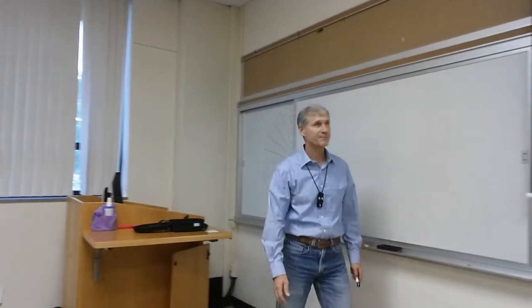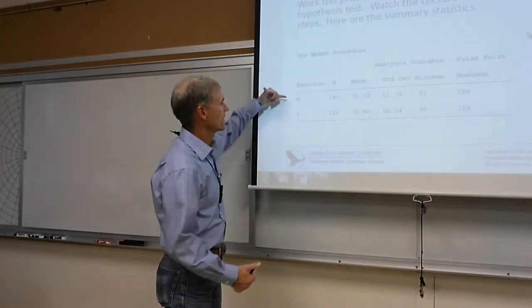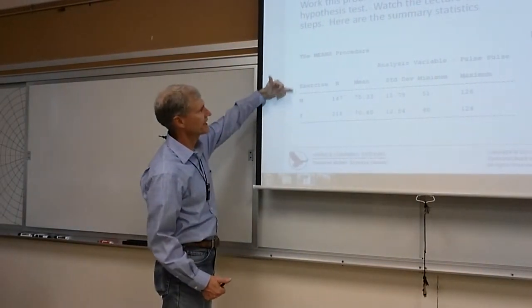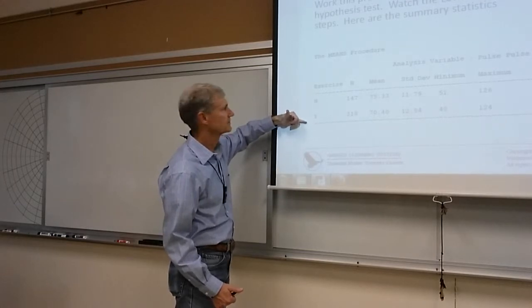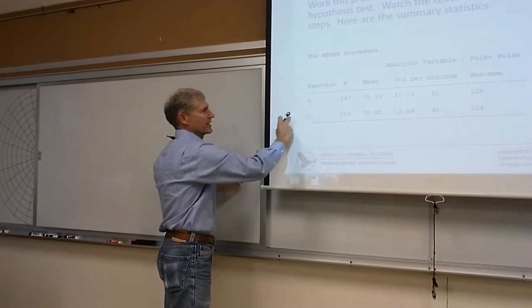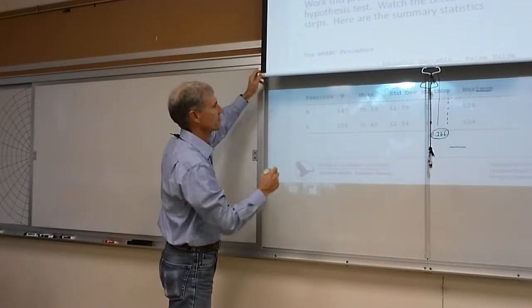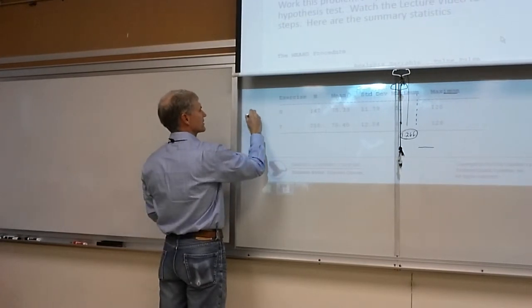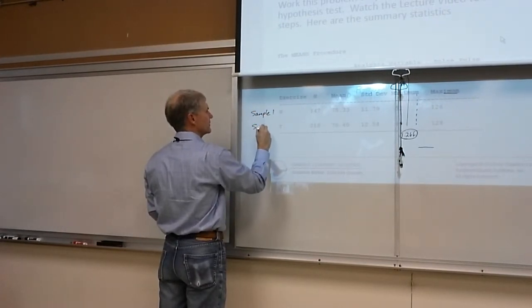So here's the data. All right, so I've got non-exercisers and then exercisers. So if I call this sample 1 and this sample 2, put this up where I can write on it. Call this sample 1 and this sample 2.